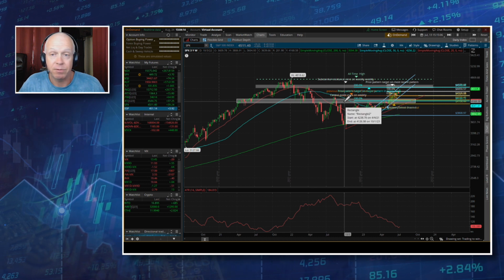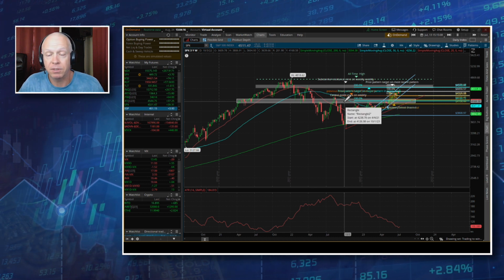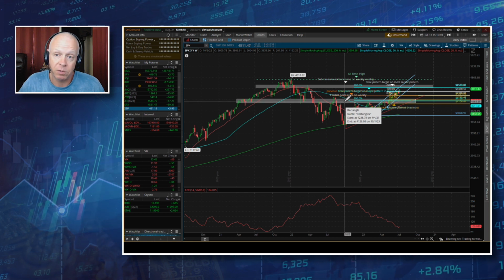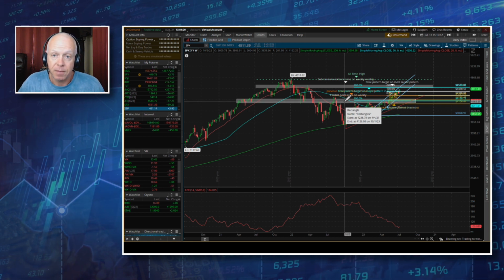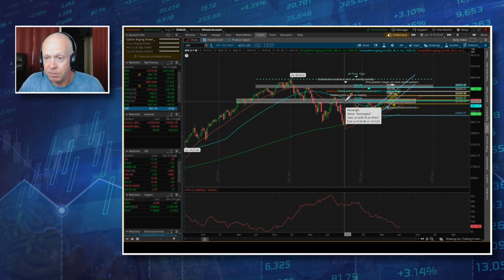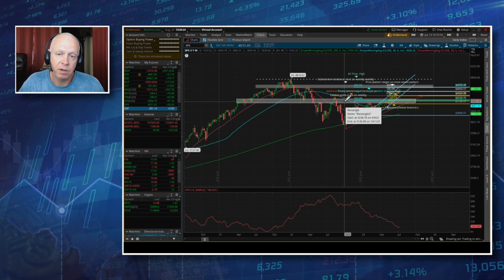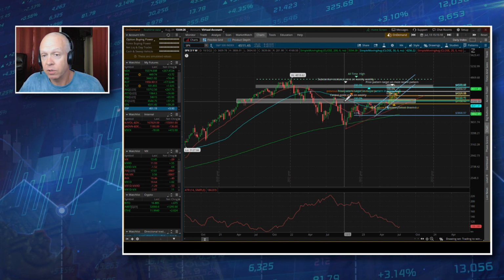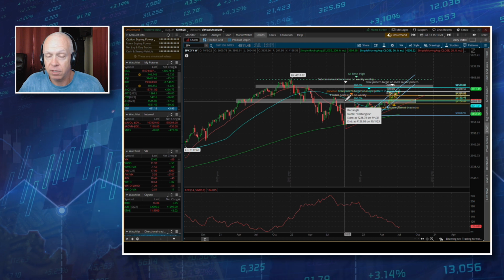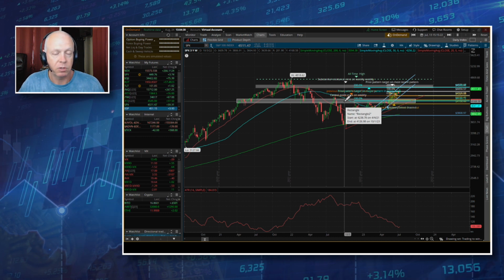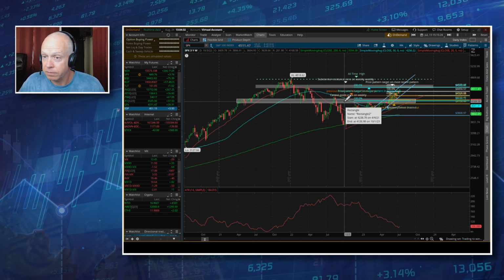So I might shift down to the 15-minute chart to deal with maybe some execution on trades that I might want to do. But my primary is going to be the hourly chart, and then from there, I'm going to be aware of what's going on the daily chart. I'm going to be aware of what's going on the weekly chart.